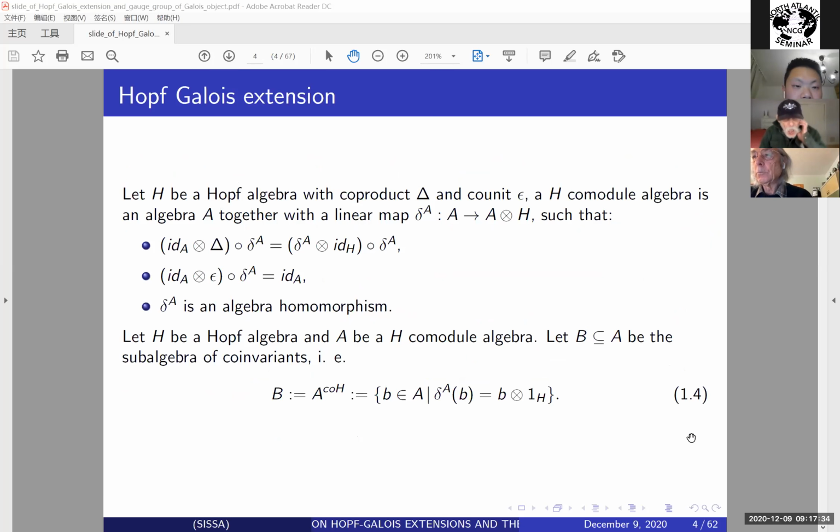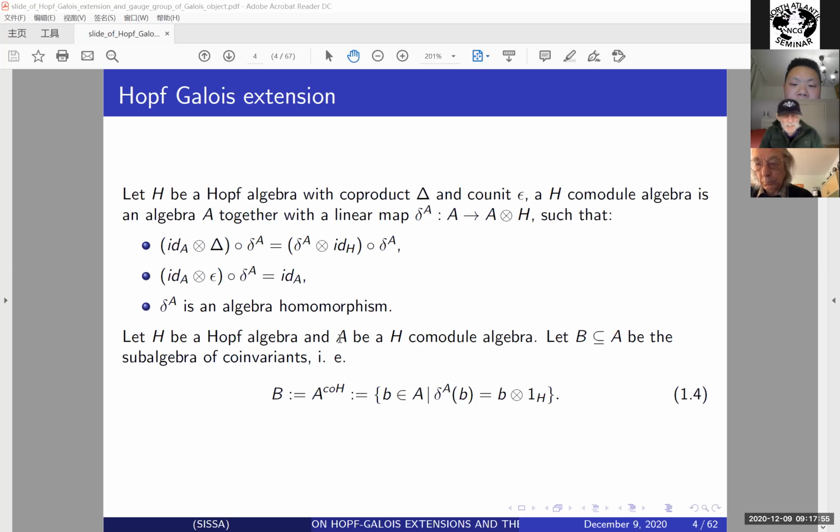Okay, so for any Hopf algebra H, an H-comodule algebra is again an algebra A with a linear map Δ_A from A to A tensor H, such that it satisfies the coassociativity and the counit conditions, and moreover, Δ_A should be an algebra homomorphism.